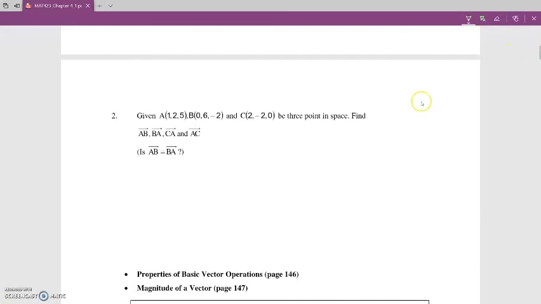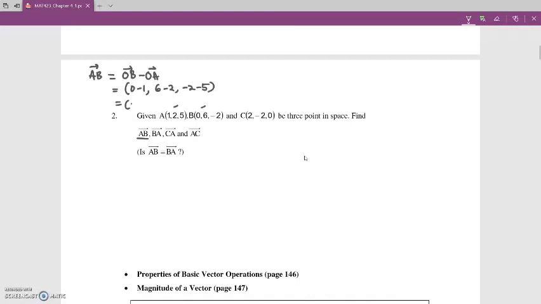For the next question, you are given A, B, and C as 3 points in space. Find AB. AB means the position vector OB minus position vector OA, or you can just remember point B minus point A. So 0 minus 1, 6 minus 2, negative 2 minus 5.